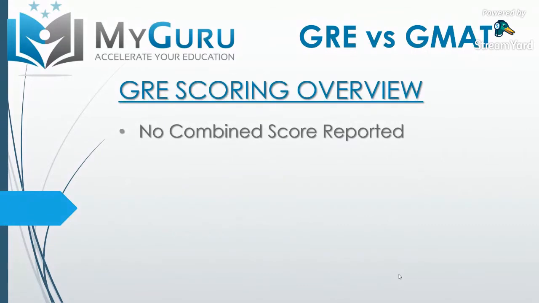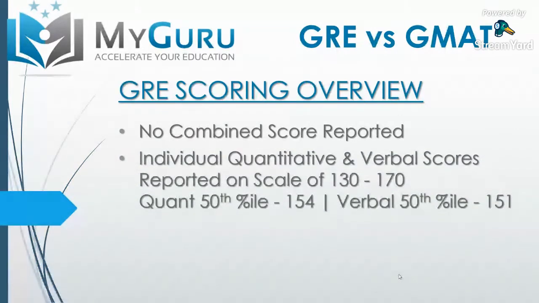So then our scoring overview. So the GRE, there is no combined score reported ever. You may hear things like I'm looking for a 300 or a 320. It isn't how the GRE reports, though. They always report the individual quantitative and verbal scores only on a scale of 130 to 170. So it's up to the individual institution to decide if they want to combine them for their own evaluation.